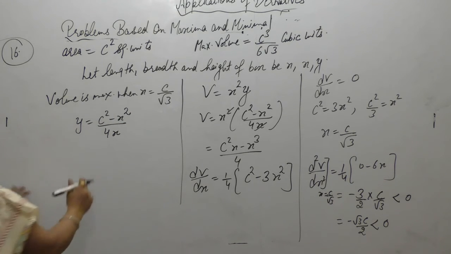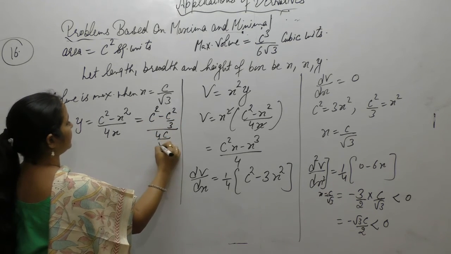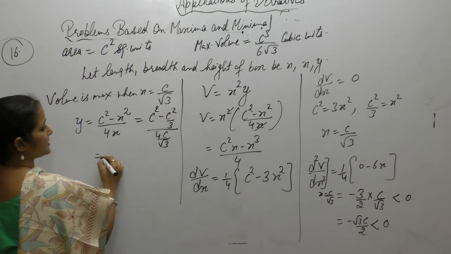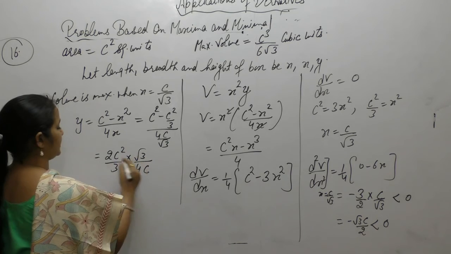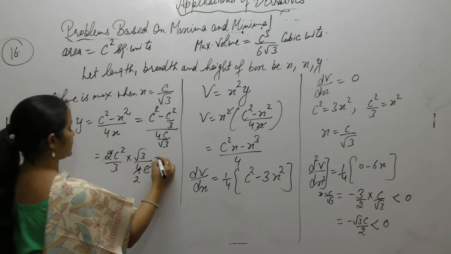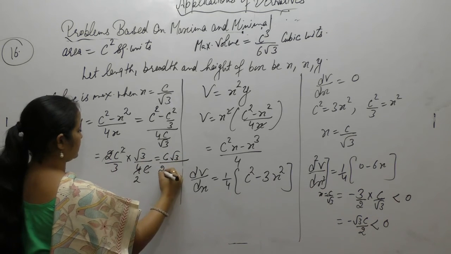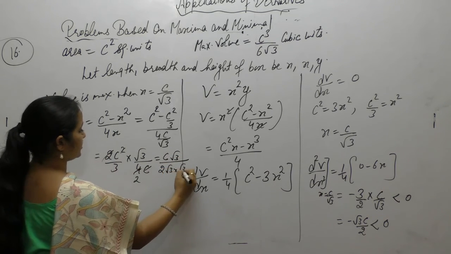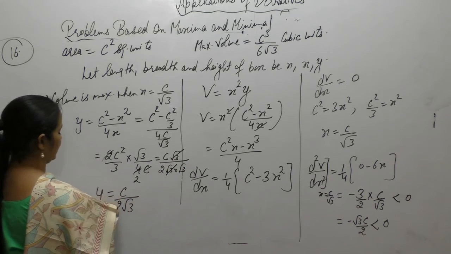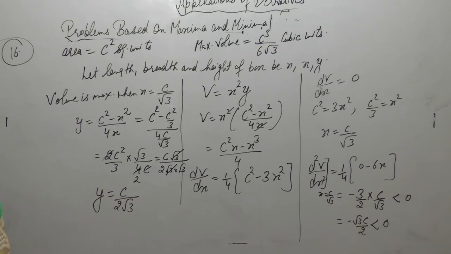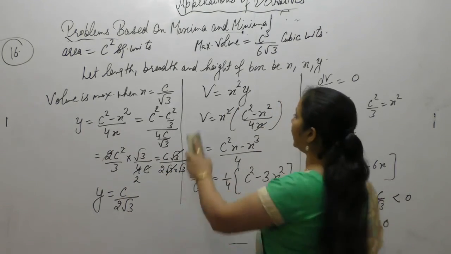Put the value of x here to find the value of y. c square by 3, 3 minus 1, 2c square by 3, root 3, 4c. We can write 3 as root 3 into root 3. So y is c upon 2 root 3. Volume is maximum when x is equal to c by root 3 and y is c by 2 root 3.